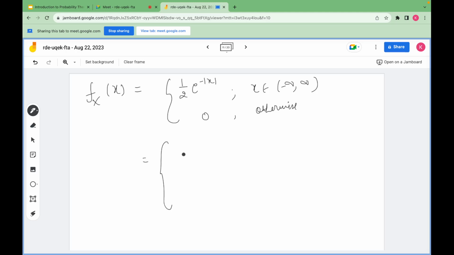This can be written as 1 by 2 e to the power x when x belongs to minus infinity to 0, as the mod will open with the negative sign. When x belongs to 0 to infinity, the mod will open with the positive value, and this expression will become half e to the power minus x, and it is 0 otherwise.